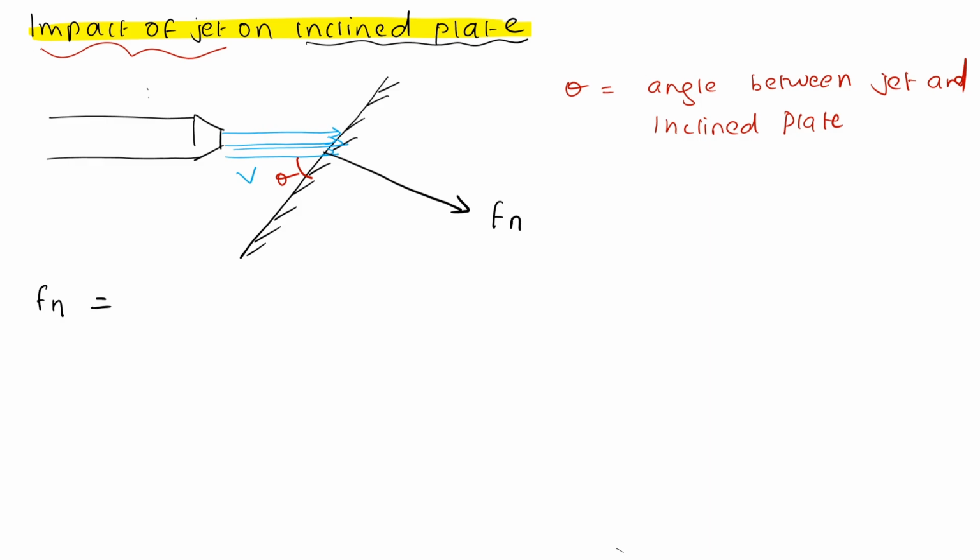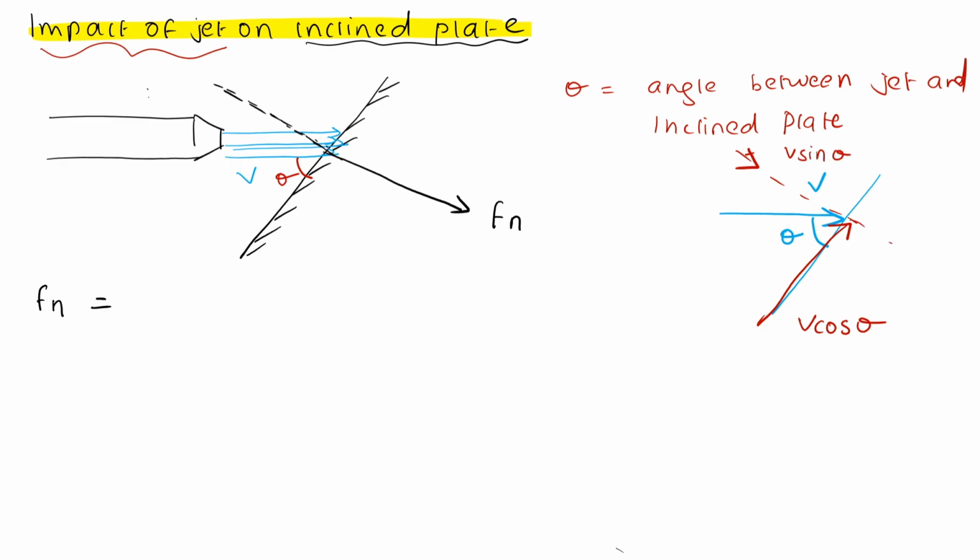In order to find the force normal to the plate, I have to find the velocity component in this direction. That means I am extending the force component backward. This is the velocity striking the inclined plate, and this is the theta angle made with the plate. This component will be v cos theta, and the perpendicular component will be v sin theta.